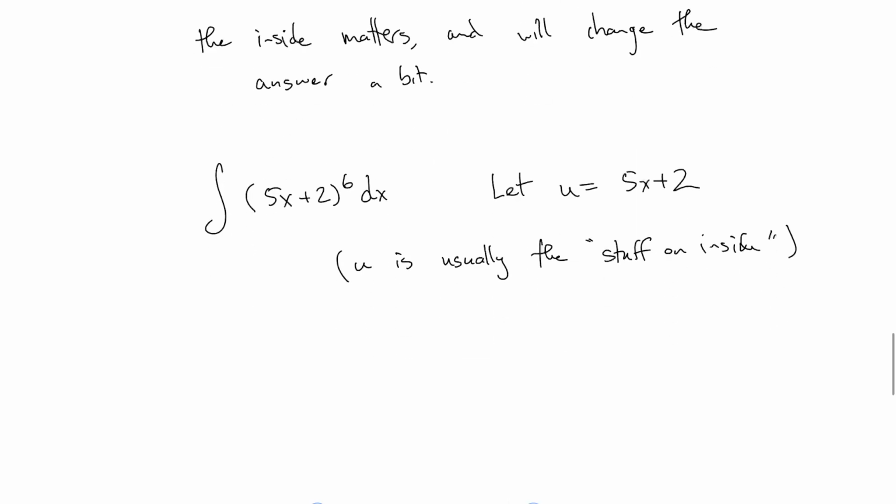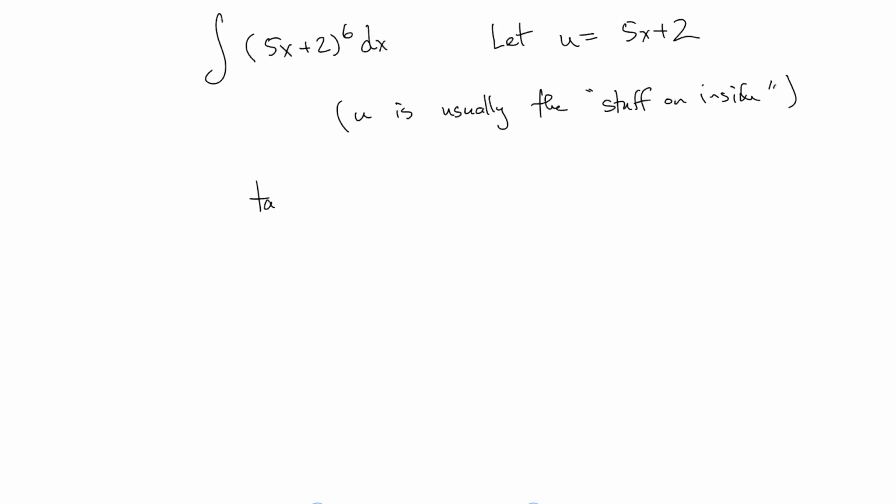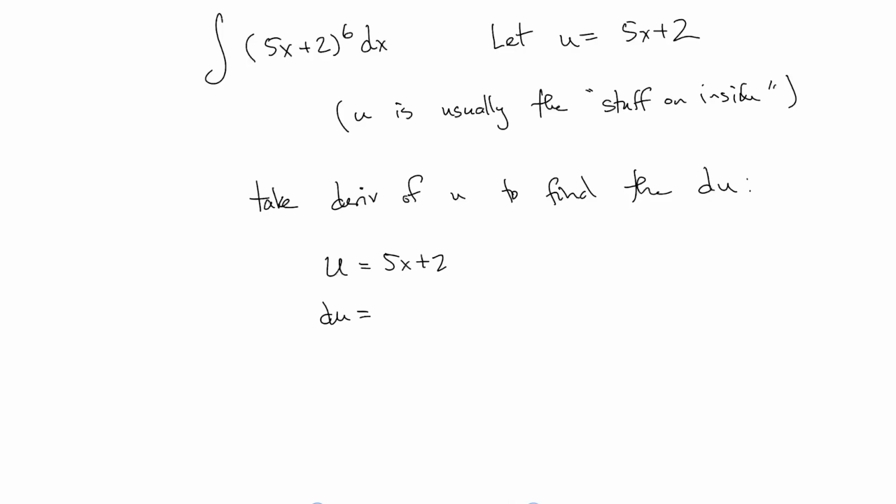Then you take the derivative of u to find the du. And I'm going to write it this way. So u is 5x plus 2. The du is the derivative of that. The derivative of 5x plus 2 is just 5.